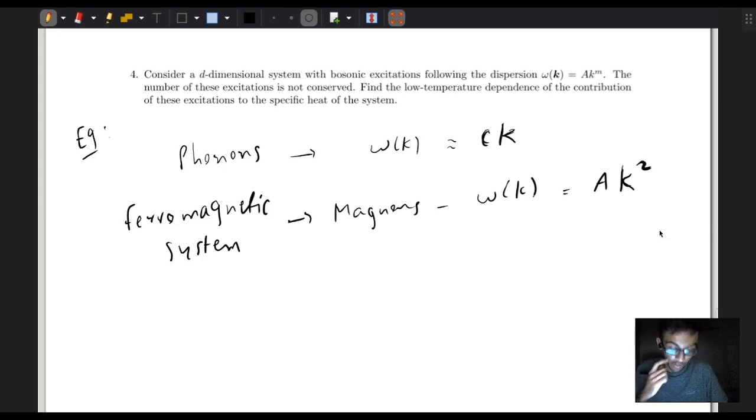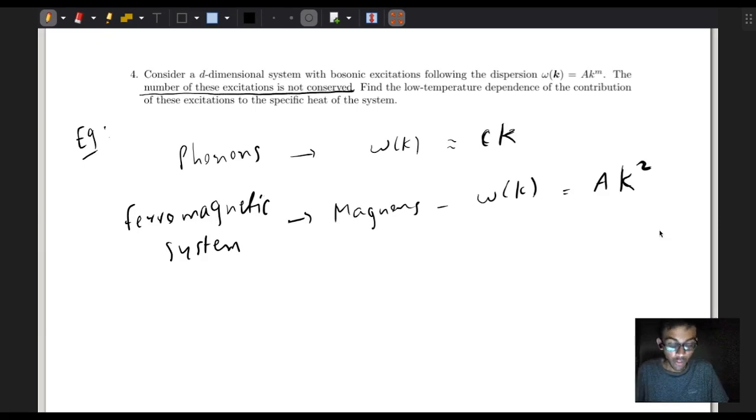One important property of these excitations, at least in this problem, is that the excitations that we are going to be concerned about are bosonic excitations, and importantly, the number of these excitations is not conserved. So they don't condense.